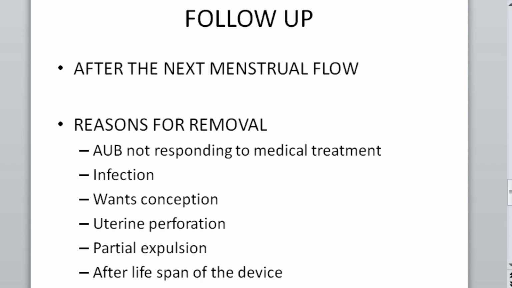And if it has been partially expelled, it also requires a complete removal as it is not a fundally placed copper T. Then after the completion of its lifespan, like for copper T 380A it is 10 years and for copper T 375 multi-load it is 5 years, it would require a removal.